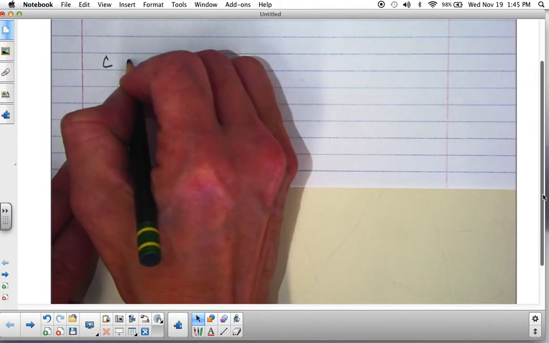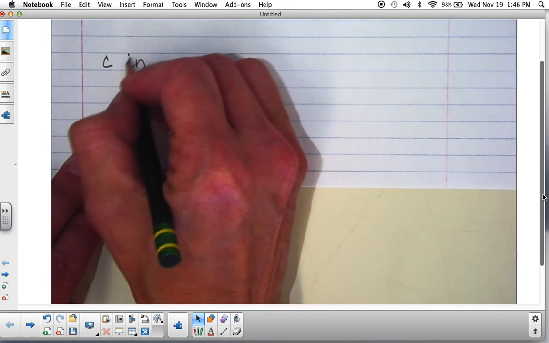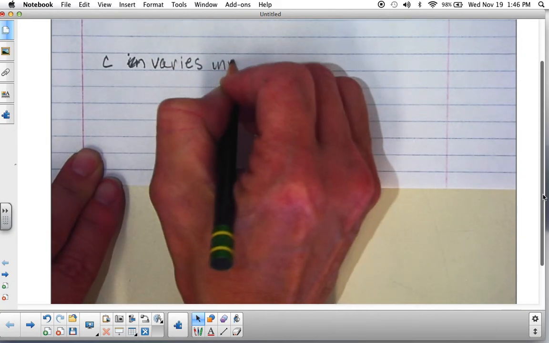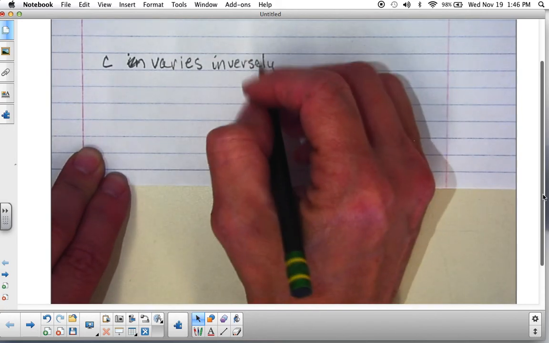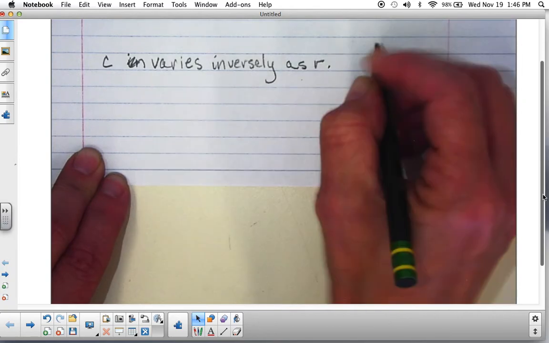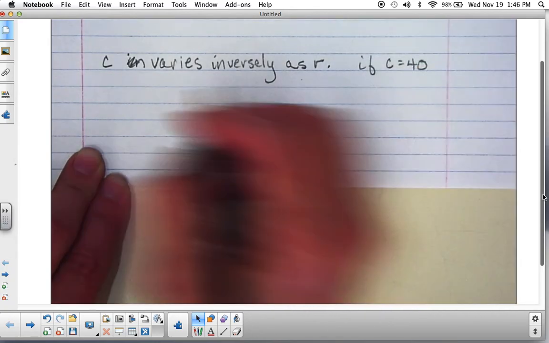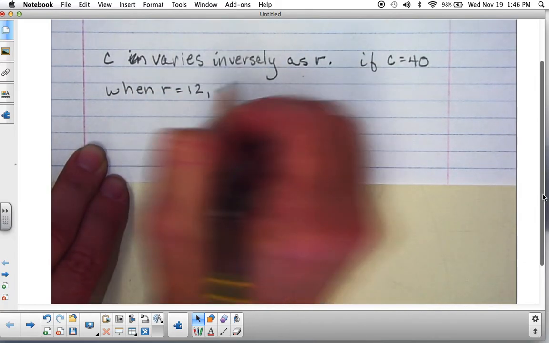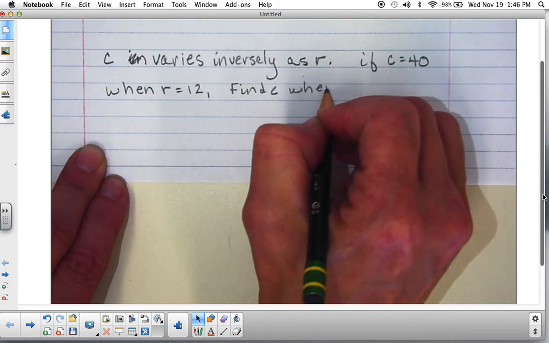But let's make it a little simpler and say C varies inversely as R. If C equals 40 when R equals 12, find C when R equals 20.